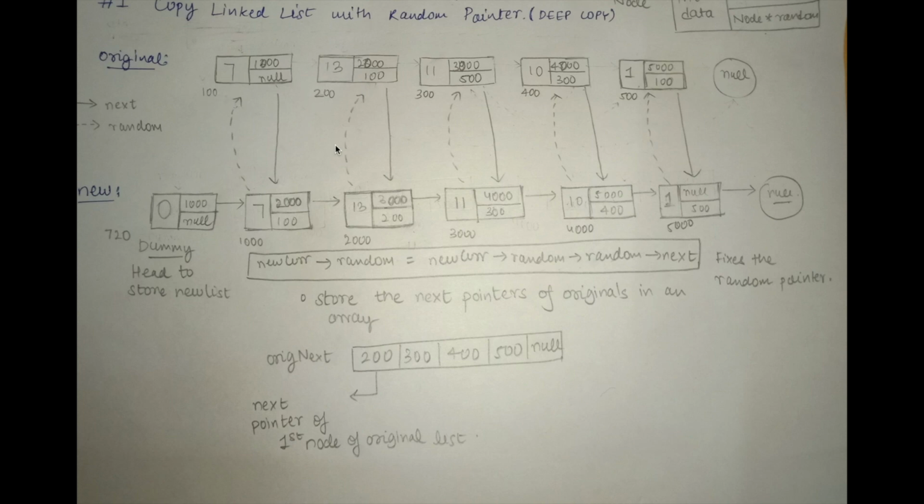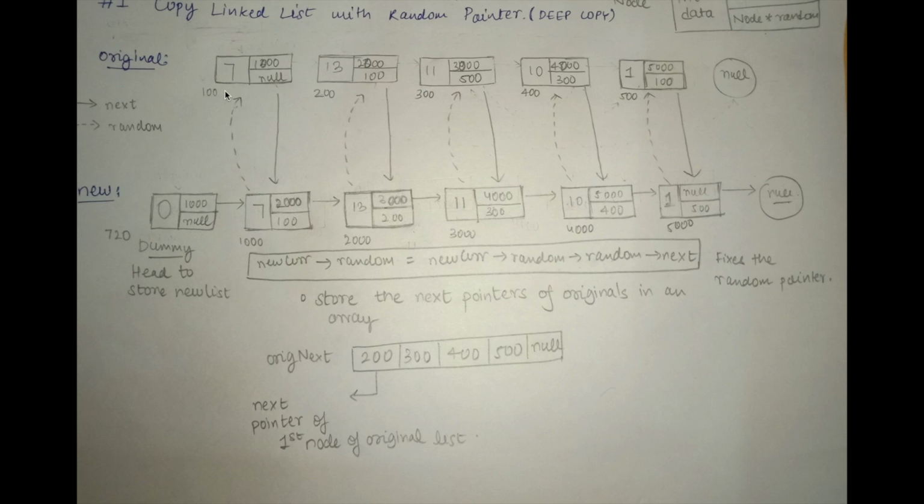So for the 13 in the new list, its random pointer should also point to the node which has the value 7. So it visits the new cursor's random, which is 200. 200 is the corresponding node in the original list, and then it visits its random, which is 100.